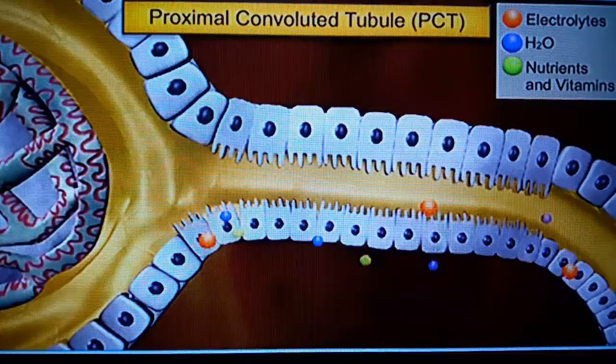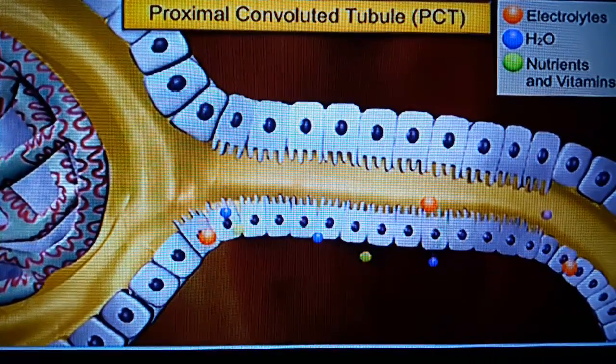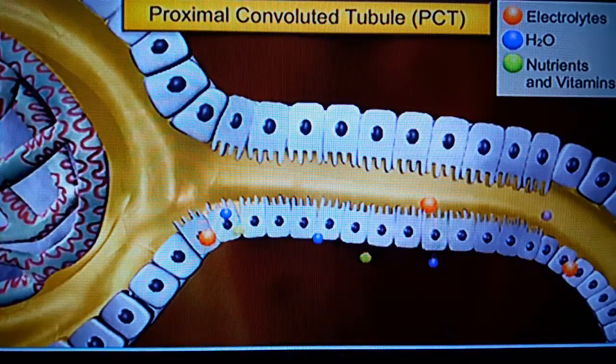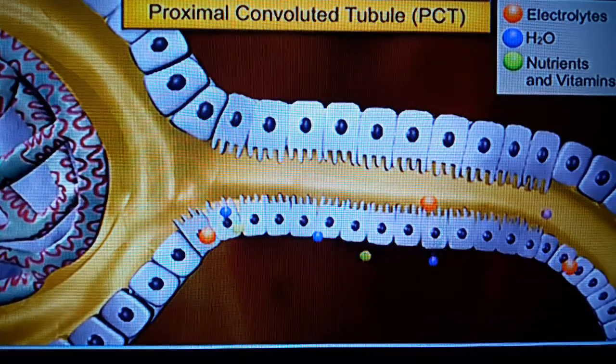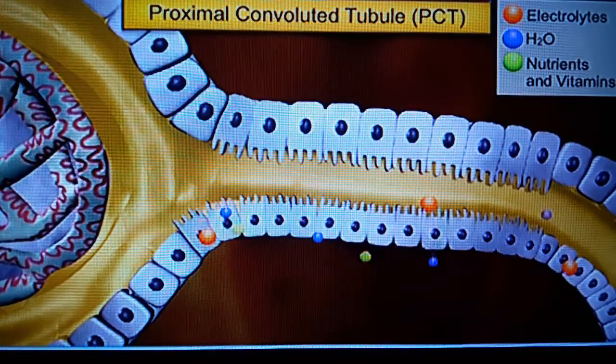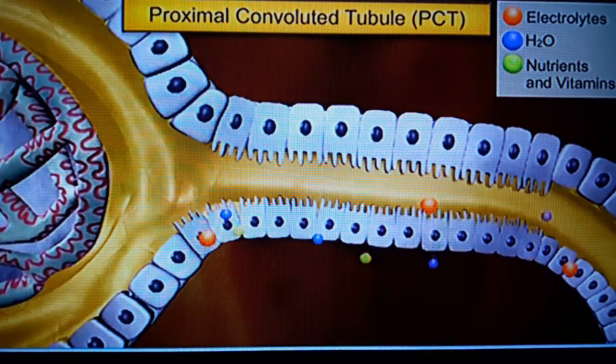So friends, by ultrafiltration, many useful substances also get filtered out into the glomerular filtrate along with the excretory products. All these are selectively reabsorbed by the capillary network surrounding the PCT, loop of Henle and DCT.